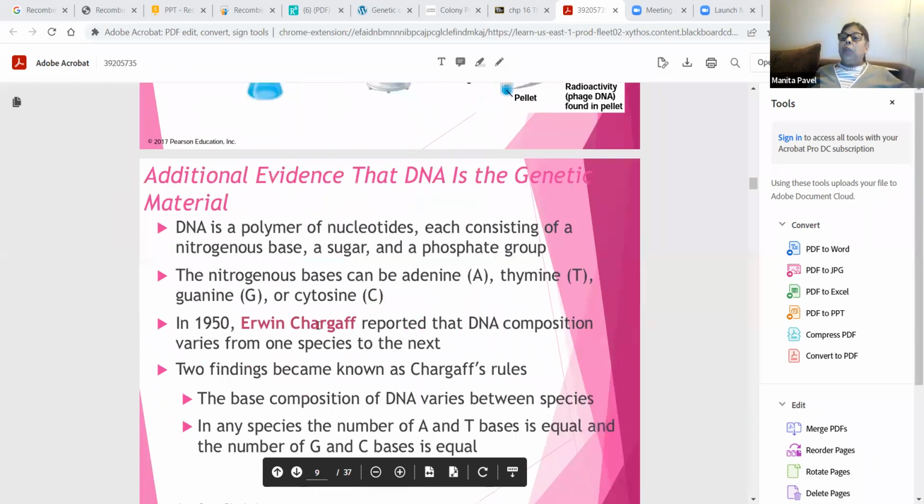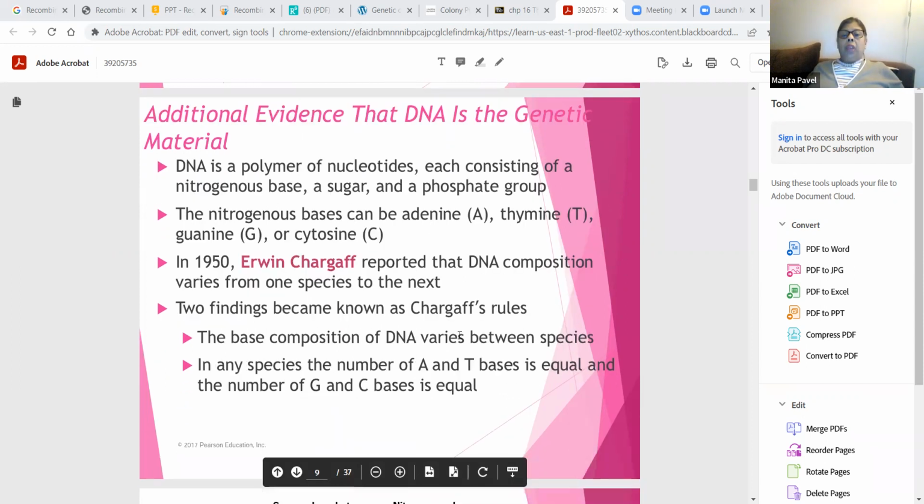So now later it was the scientist by the name of Erwin Chargaff. We learned Chargaff's rule. A forms a double bond with thymine, cytosine with guanine, forming a triple bond. And so we know that the nitrogenous bases were adenine, thymine, cytosine, and guanine.